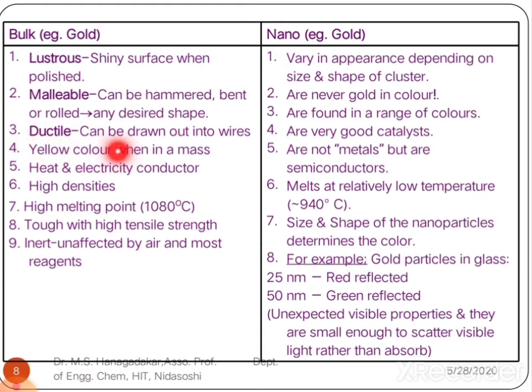And it has a ductile property, can be drawn out into wires, and it is yellow in color, and it has good heat capacity and electrical conductivity, and it has high density and a high melting point, that is 1080 degrees Celsius, and it is tough with high tensile strength.